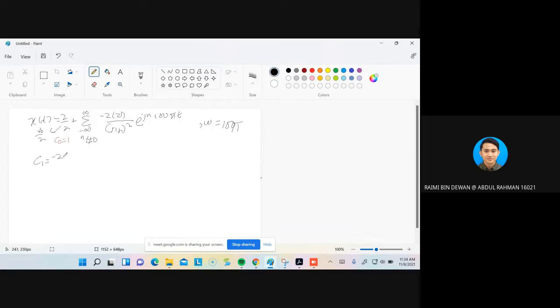Negative 2 and 2 here, and then pi, and it's 1 squared. Then you get negative 4 over pi squared. The same goes for C3.